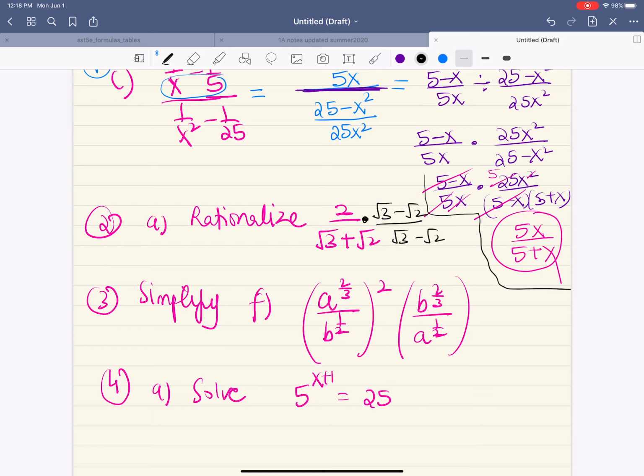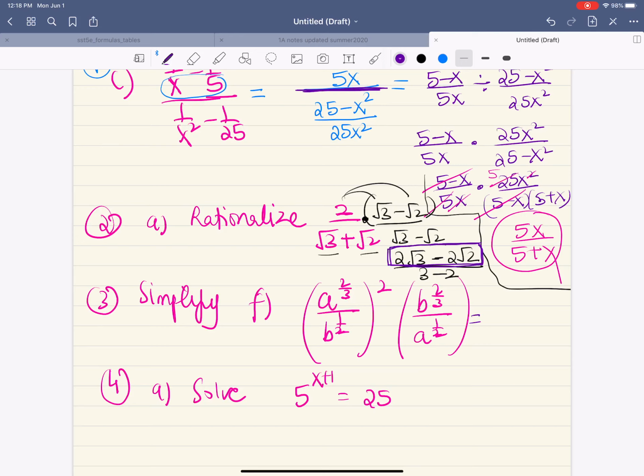Now on the top, I'm going to distribute that 2 into the whole parentheses. And the bottom, so this becomes 2 root 3 minus 2 root 2. The bottom would be a plus b, a minus b, which is a squared minus b squared, which is just 1. So the only thing I'll be left with is 2 root 3 minus 2 root 2. The denominator is just 1. There's no need to write that denominator.